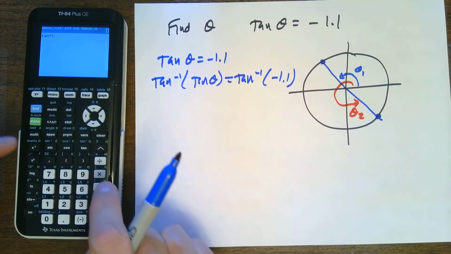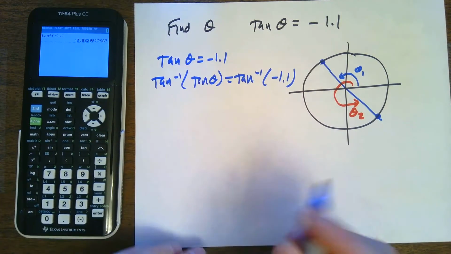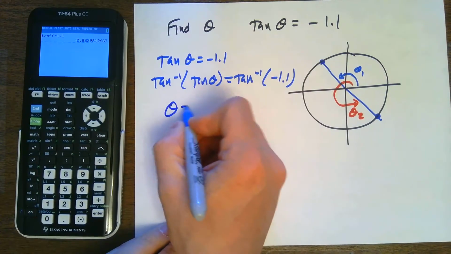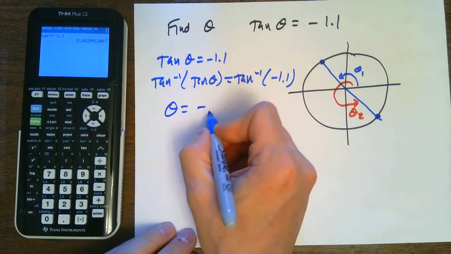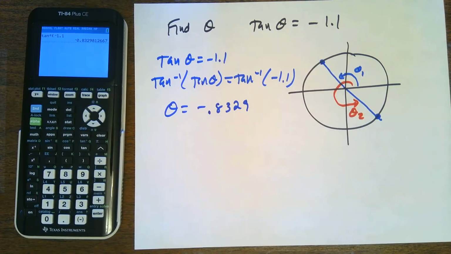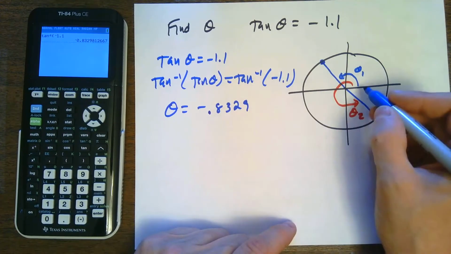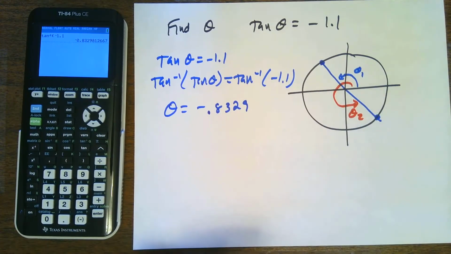So the inverse tangent of negative 1.1 gives theta could equal negative 0.8329, which is going to be this angle down here, right here.